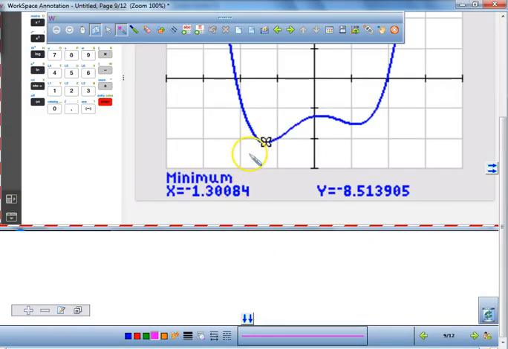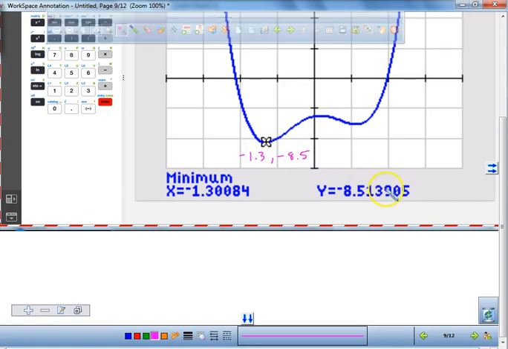We're at negative 1.3, comma, negative 8.5. Now, where's negative 1.3 closest to? Negative 1 or negative 1.5? Okay, so here's one of your answers, everybody. I want you to write the absolute minimum is where x is what?